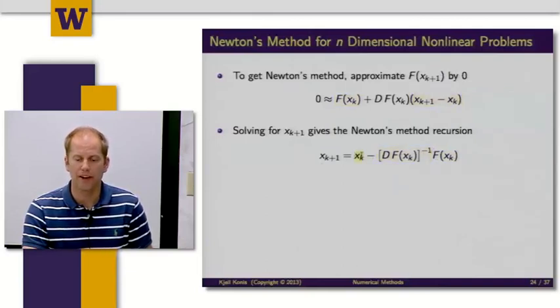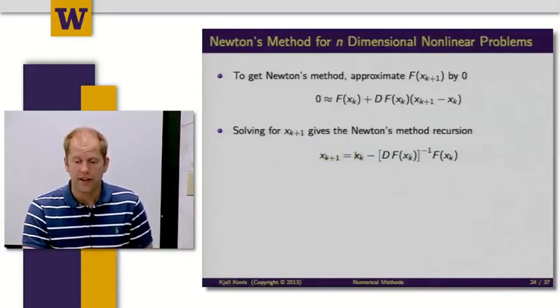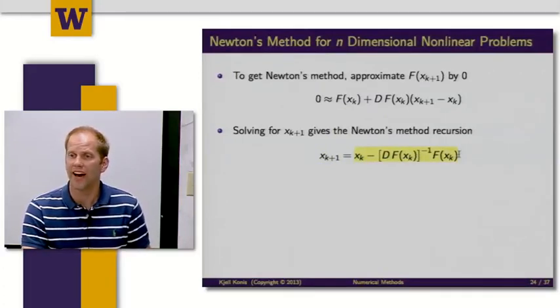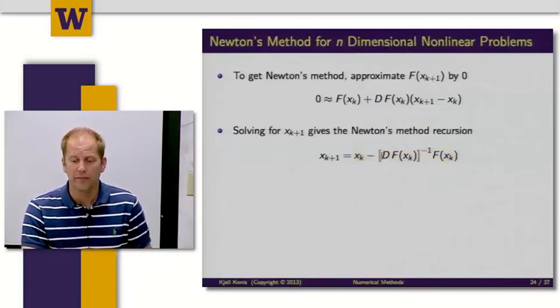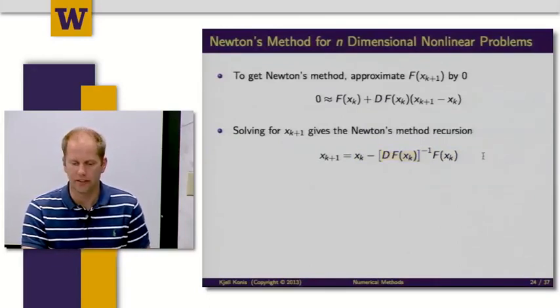And then I'm going to move the xk also to this side of the equal sign. So I've isolated my point xk plus 1. And this is basically the same formula as I had for the one variable case, except now when I had one variable, I could just interpret multiplying by the inverse as dividing by the derivative.